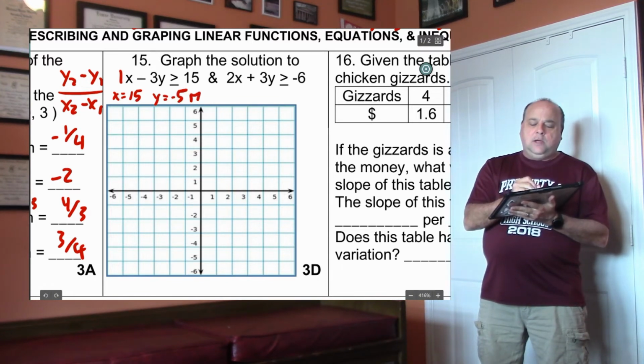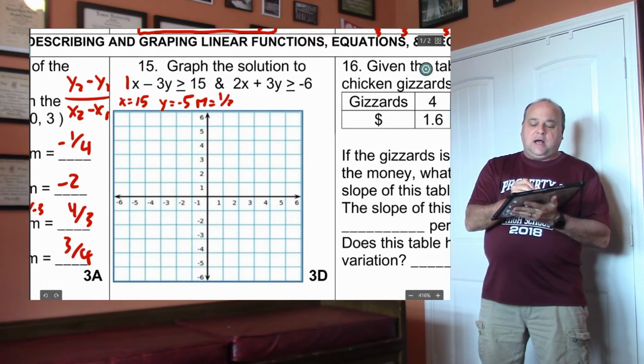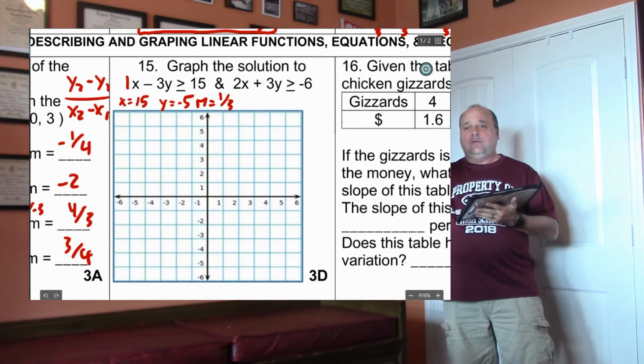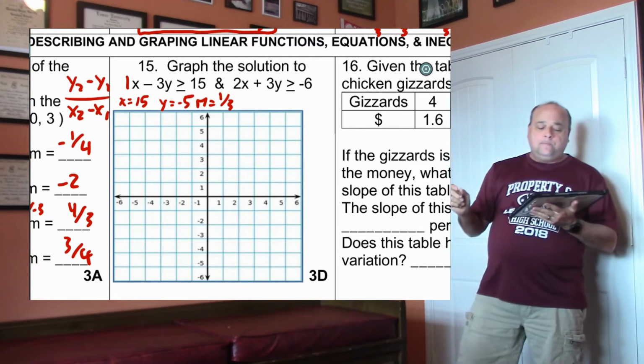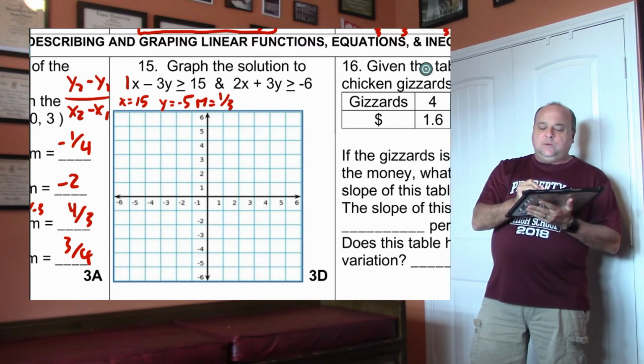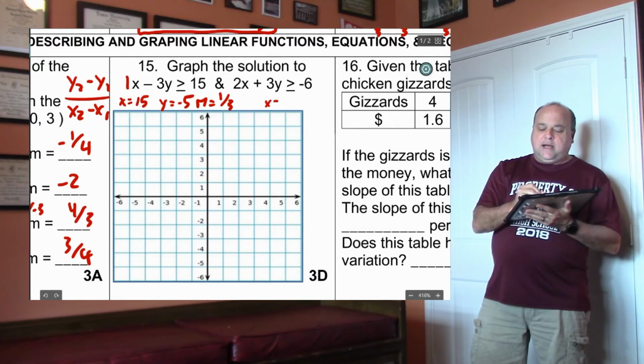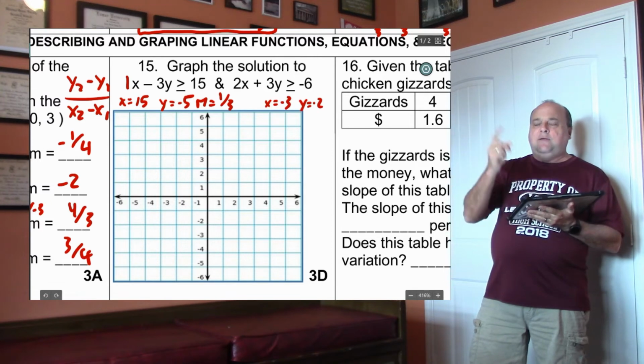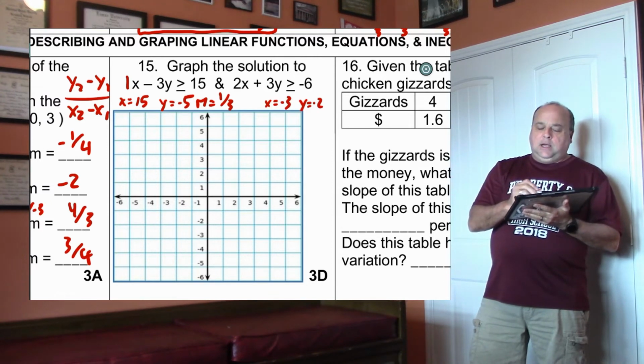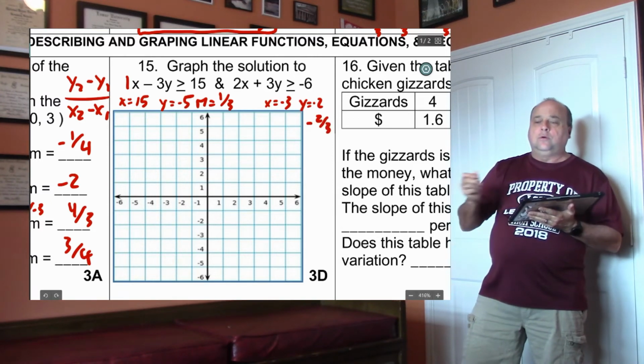And my slope is going to be negative 1 over negative 3, which will be positive 1/3, right? Remember that negative 3 is going to make it a positive slope. So I have that. Let's go to the next one. Negative 6 divided by 2. My x-intercept's negative 3. Negative 6 divided by positive 3 is a negative 2. And then my slope is going to be negative 2 over 3.